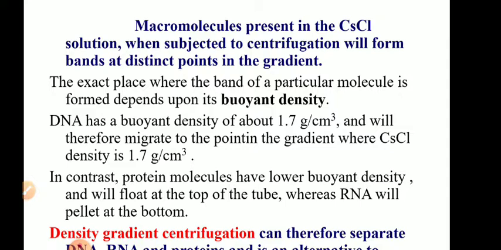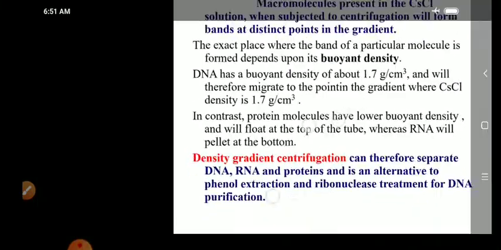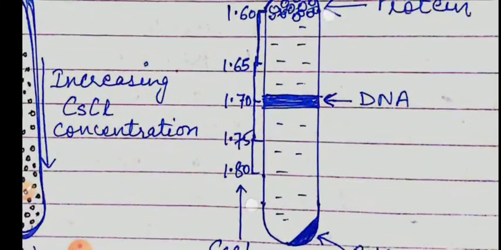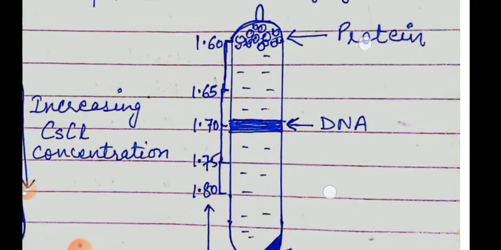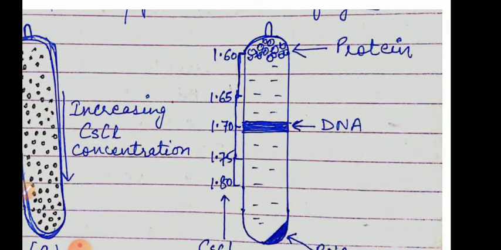In contrast, protein molecules have a lower buoyant density and will float at the top, whereas RNA will pellet at the bottom, having higher density. You can see in this second tube, this is a cesium chloride tube. In this we place the macromolecules.